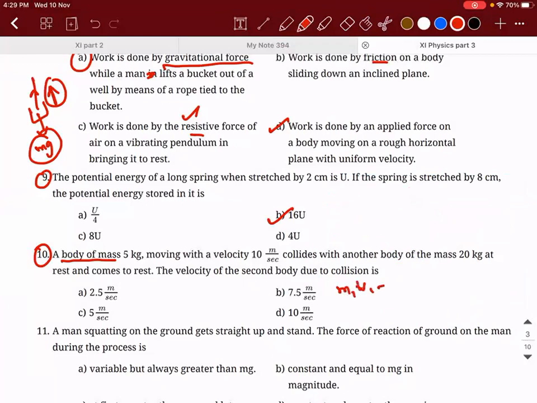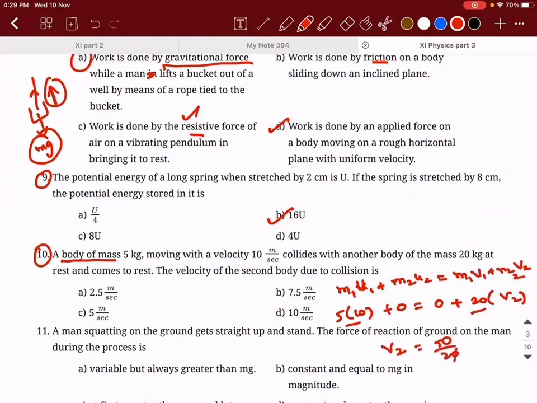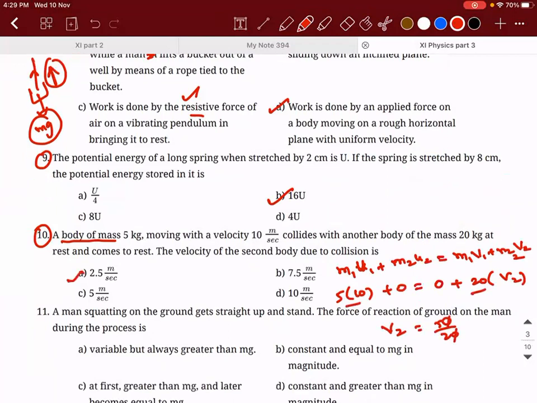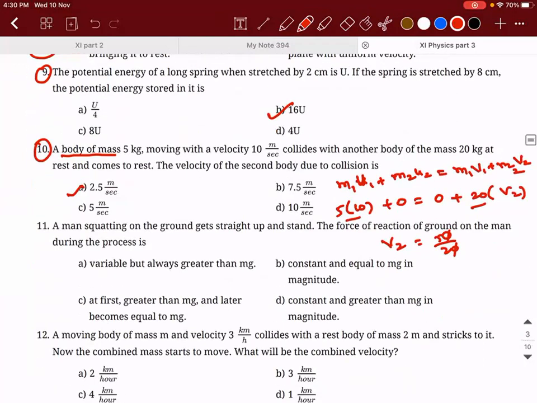So m1u1 plus m2u2 is equal to m1v1 plus m2v2. m1 is 5, u1 is 10, plus 0 is equal to 0 plus m2 is 20 into v2, which you need to find. So 50 divided by 20 is how much? 2.5. That's what you told, right? 2.5 only. Yes, sir. Okay.